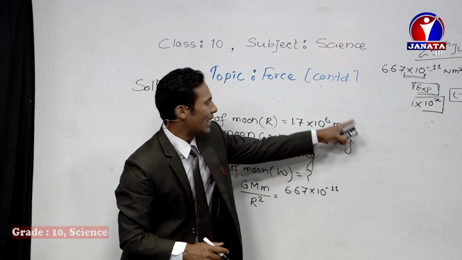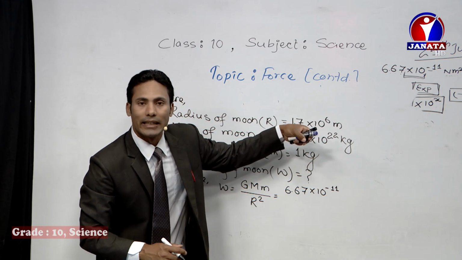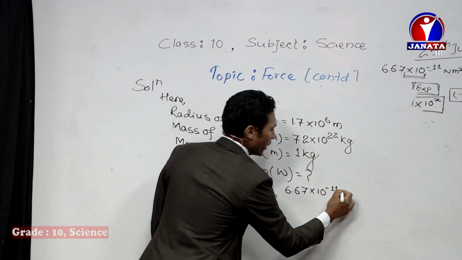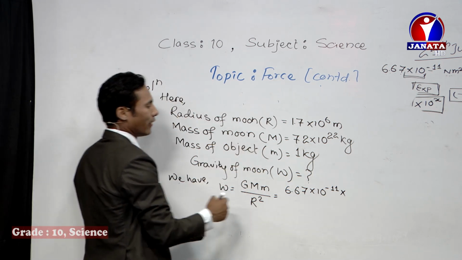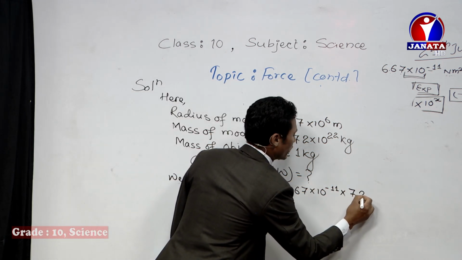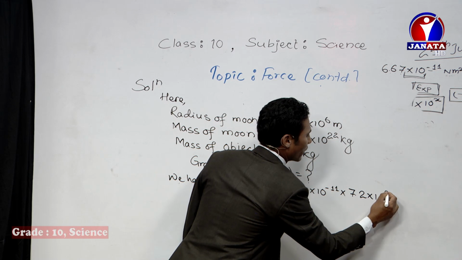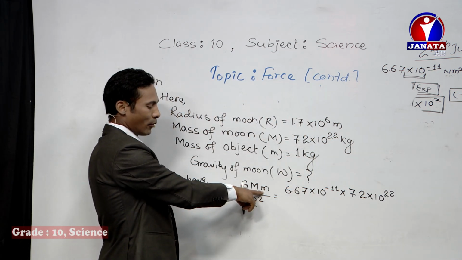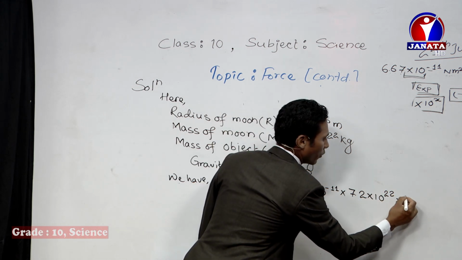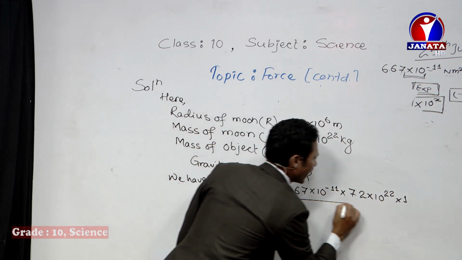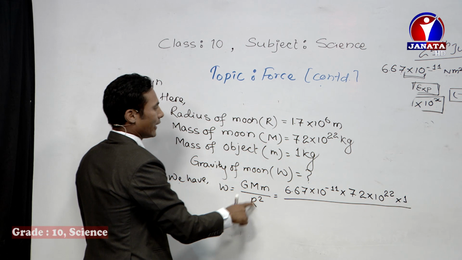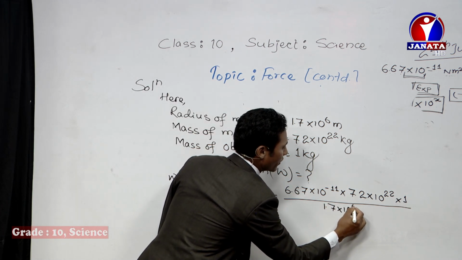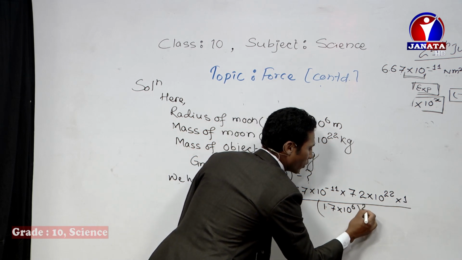Before that, let's check the units. It is already in the SI system of units, so there is no problem, right? Into the mass of the moon, that is 7.2 into 10 to the power 22 kg, and the mass of the small object, that is 1, divided by the radius, that is 1.7 into 10 to the power 6 to the whole square.